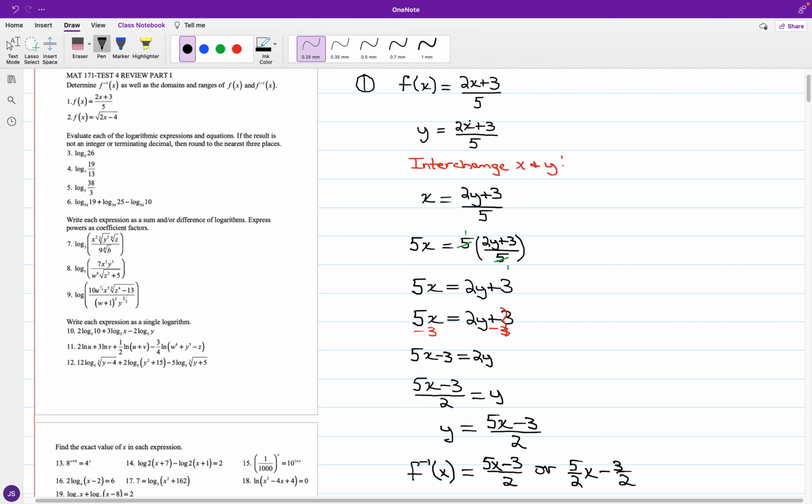For this particular one-to-one function, we don't have any restrictions like even root radicals or fractions. So for the domains and the ranges of the one-to-one function f of x and the inverse of f of x, we're going to have all real numbers throughout. For the domain of f of x we have the set of all real numbers, and the same thing for the inverse.